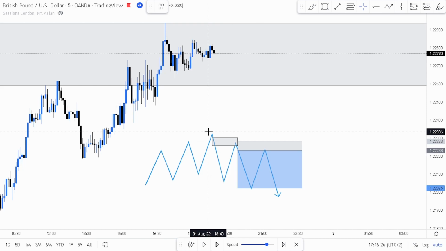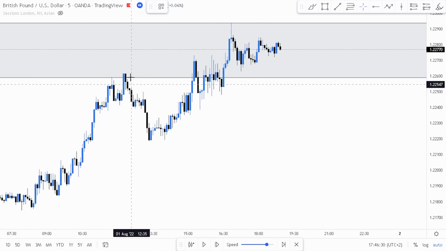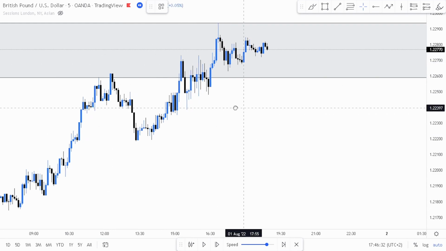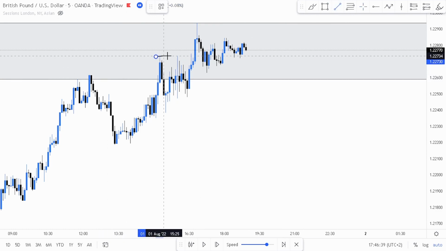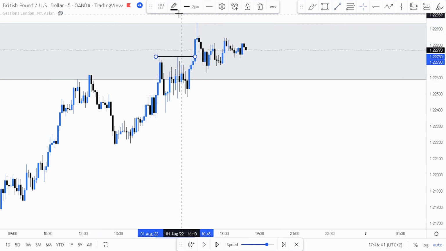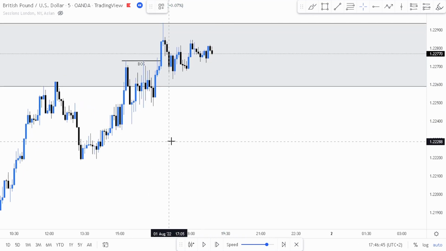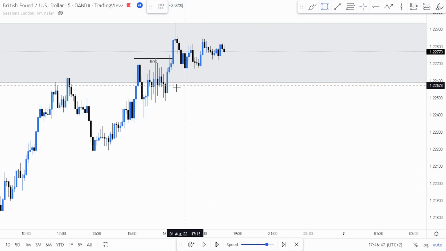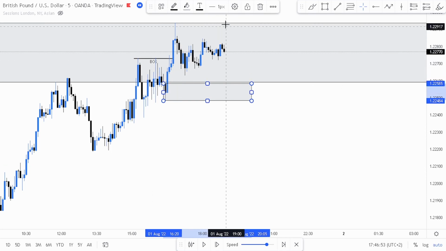So let us just continue. As you can see, on the smaller time frame, price keeps on creating higher highs. So this is our most recent break of structure. We just mark that out, break of structure, and I'd say this is the level of demand that gave us that break of structure.